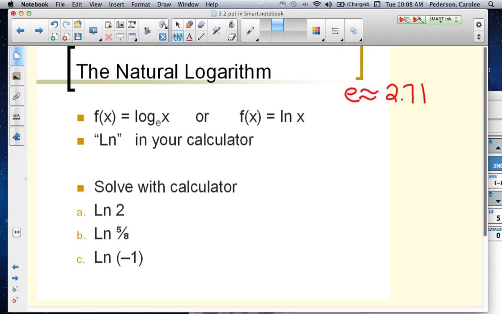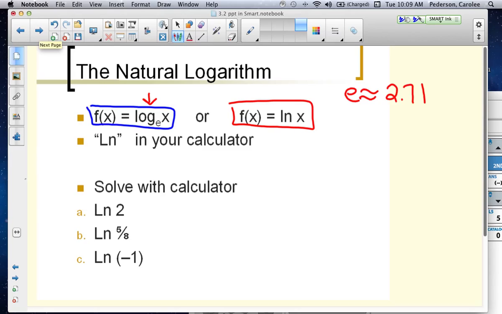So if I have a logarithm of base e of x, more commonly we use this notation, ln of x, the natural log. So be comfortable with both forms, this blue form or the red form, when you're doing your assignments, quizzes and tests.